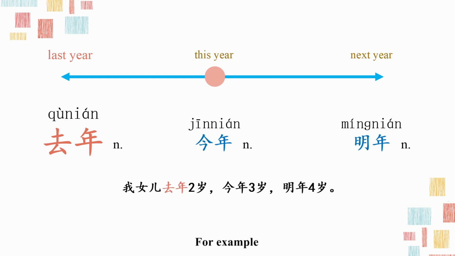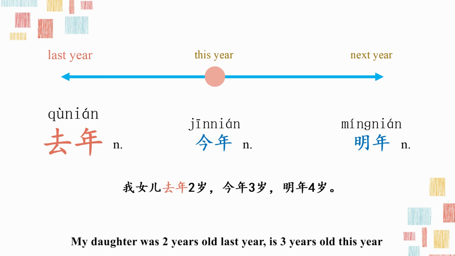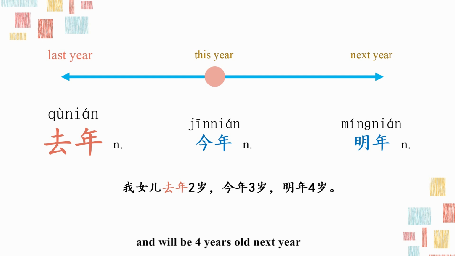For example, 我女儿去年2岁，今年3岁，明年4岁。 My daughter was 2 years old last year, is 3 years old this year, and will be 4 years old next year.